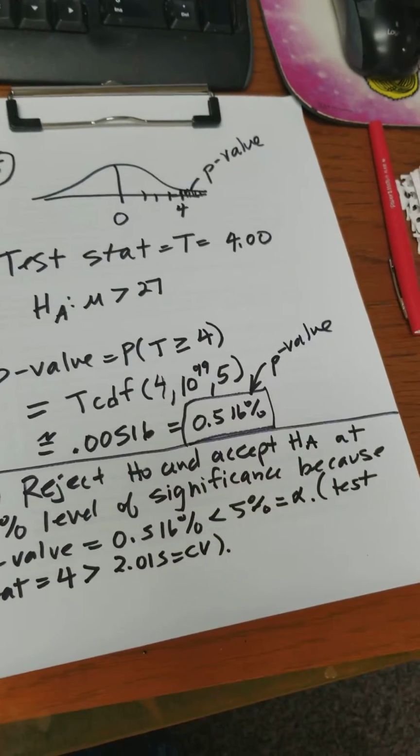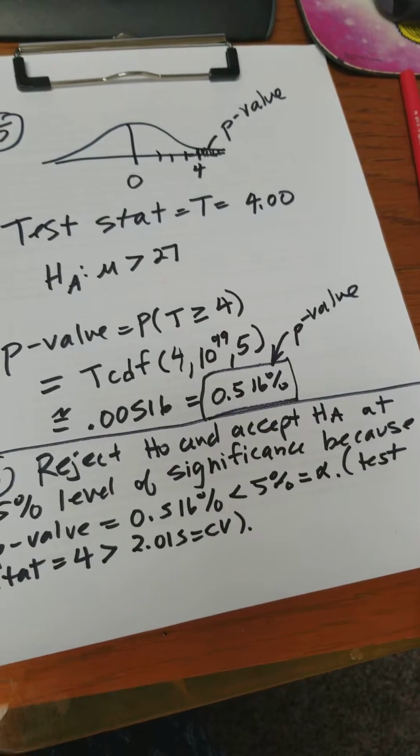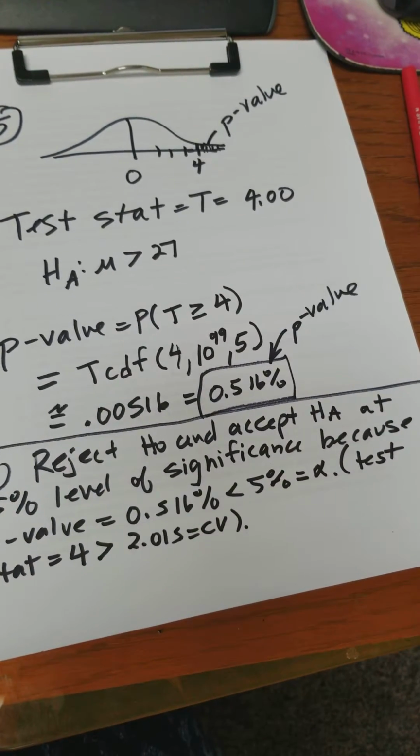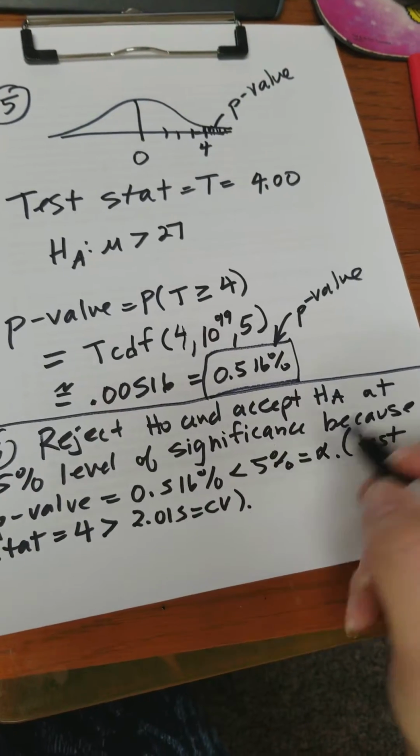Okay? So in conclusion, thinking back to our original problem, do we have strong evidence that the new model was better miles per gallon than the previous? Yes.